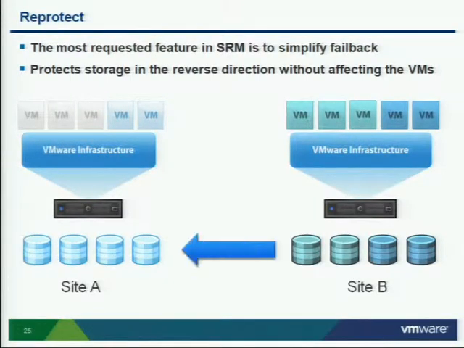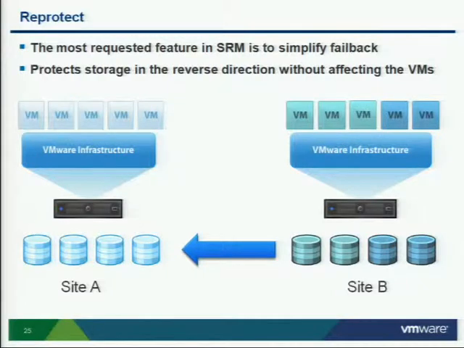The first thing we do is start the replication going back, reversing it to start replicating the other way, and make sure that we're getting that data back over to Site A. The other part that we have to do is create all the placeholder VMs on Site A. While we were running the recovery, the storage went out underneath those VMs, so they were made inaccessible for a short time.